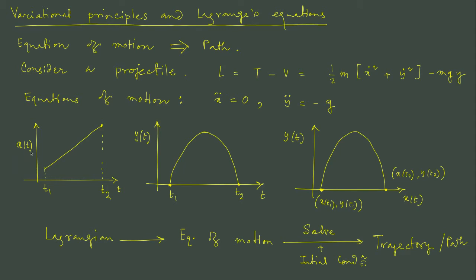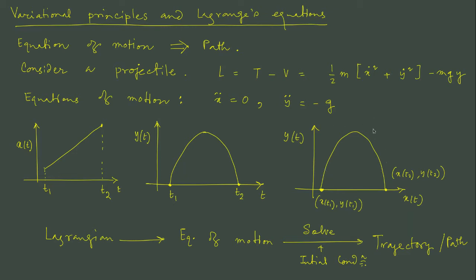If we solve this equation of motion with suitable initial conditions, we obtain that x as a function of t is linearly dependent on t, and y versus t is a parabola. Also, if we plot y versus x, that too is a parabola.